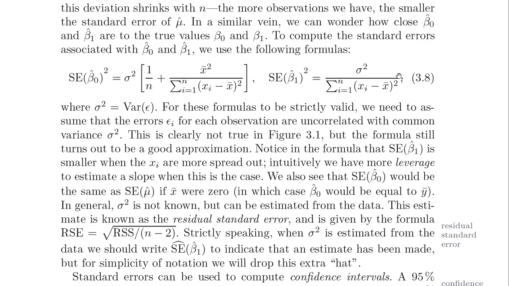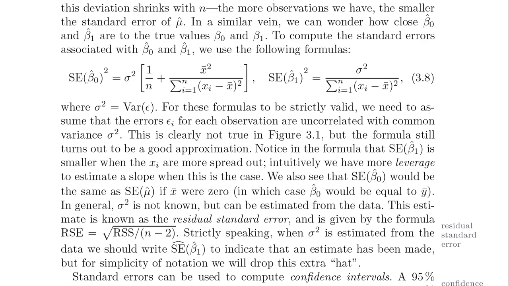What is sigma? Sigma is the standard deviation of the error term. So sigma squared is the variance of the error term. You want it, the smaller it is, the better. The closer the data points would be to your true line, the true linear relationship.